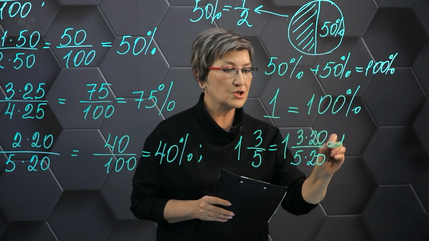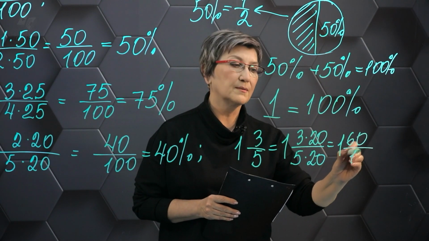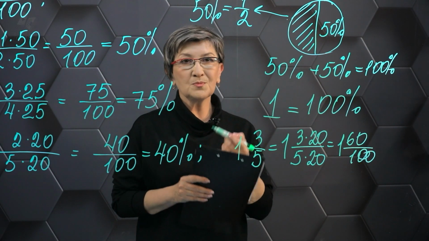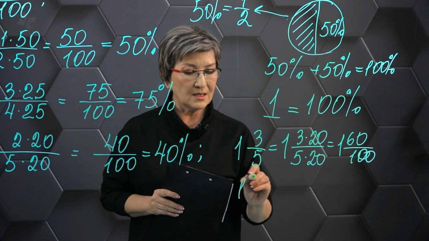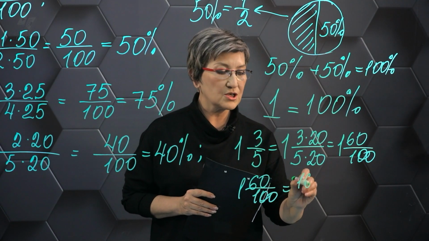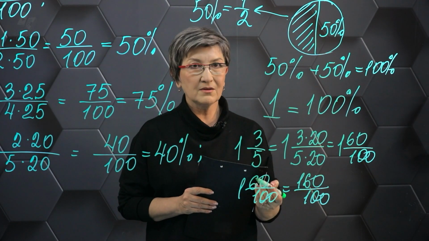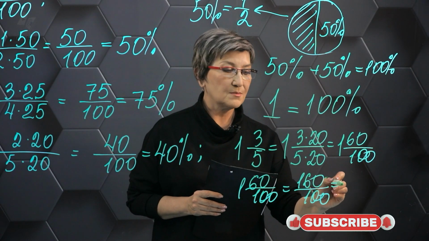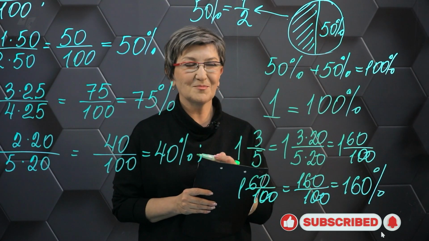The result is 1 and 60/100ths. But we can convert this mixed number to an improper fraction: 160/100ths. And if we have a denominator of 100, I can write it down as a percent, and that's 160%.